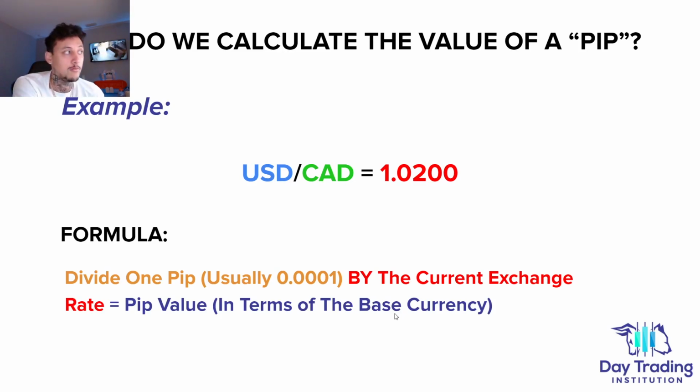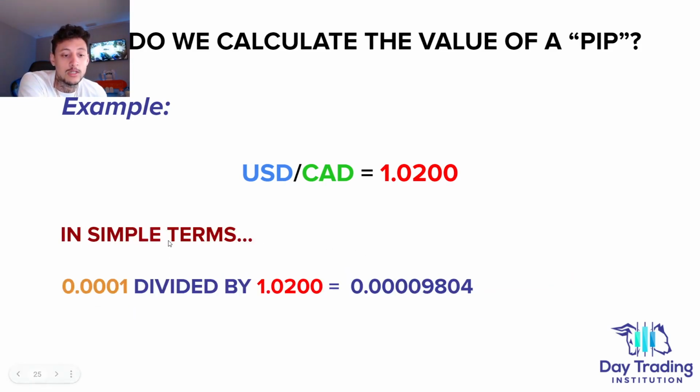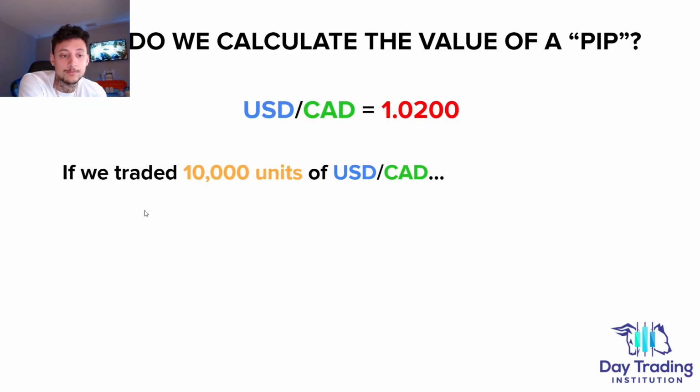I don't want you guys to overcomplicate this. I want to break this down so you will always have the formula, and you can always go back, reread the slides, and rewatch the videos. In simple terms, if we grab the current exchange rate and divide 1 pip by it, it'll give us 0.00009804.